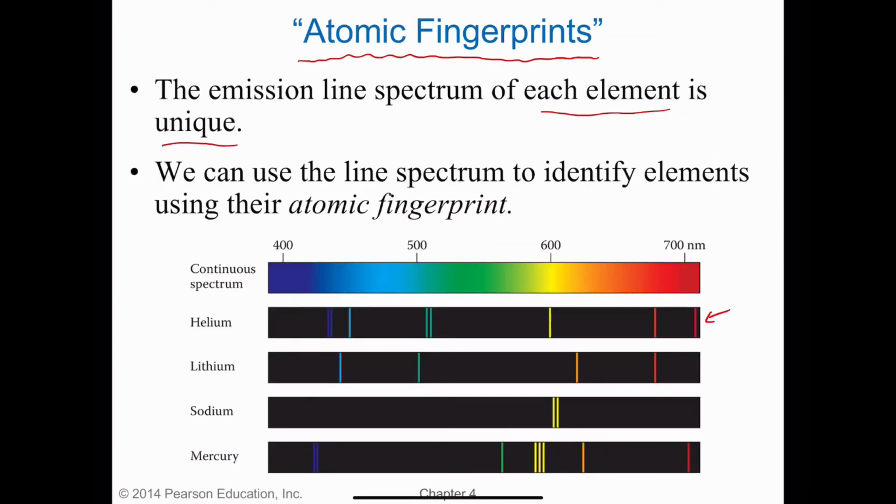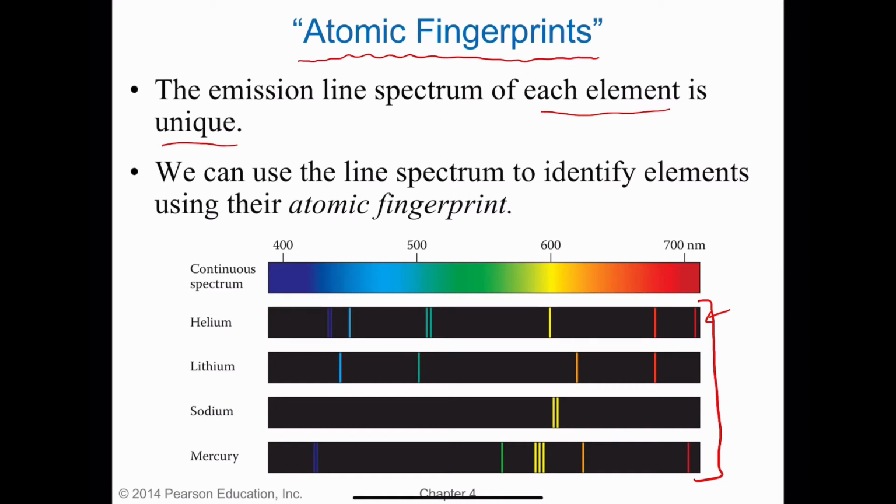So what we're seeing with these emission line spectra for these 4 examples, these are just the lines that happen to be in the visible spectrum. And the point is that it's unique. Every single element has a unique atomic fingerprint.